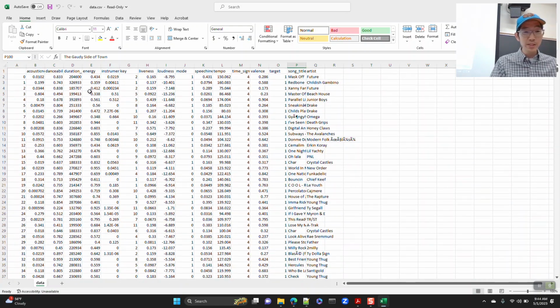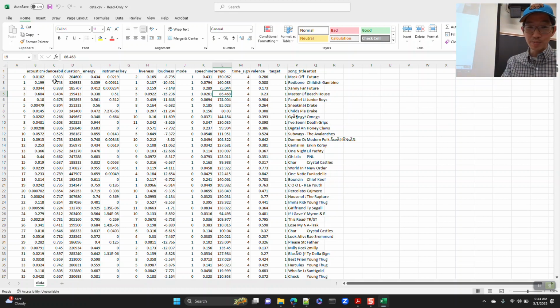Same thing with stuff like energy, danceability. I don't know exactly what makes a song danceable, right? What does it mean for a song to have a danceability rating of 0.833 versus 0.494? So it's tough.